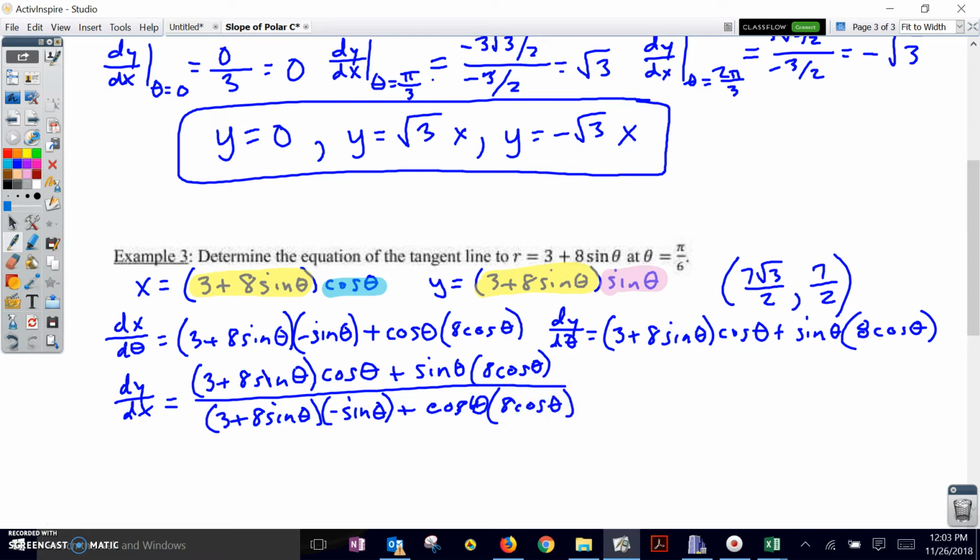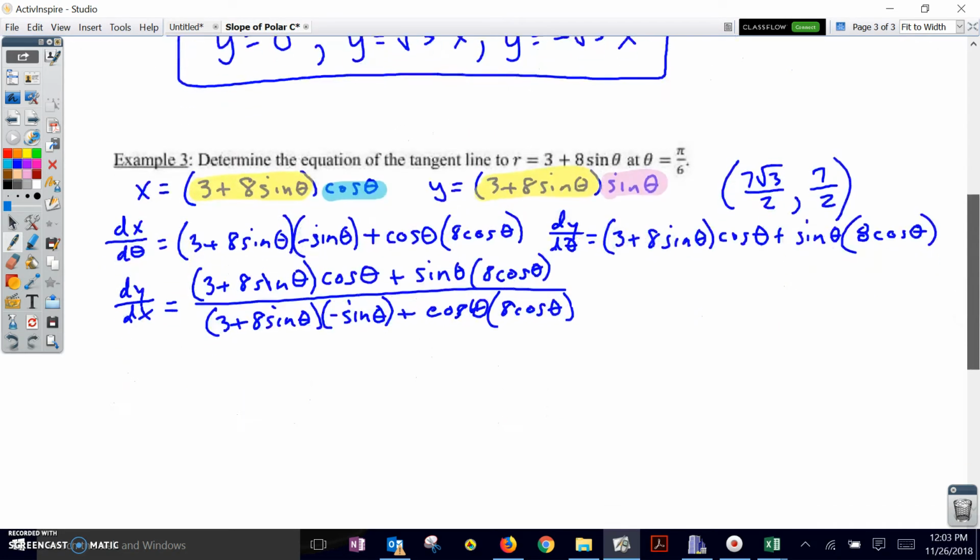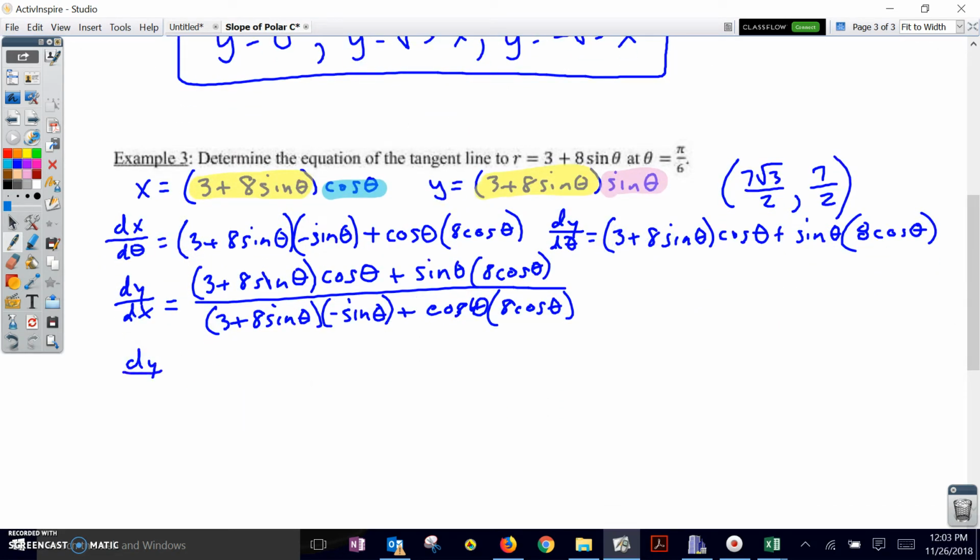And then I just need the value of that at theta equals pi over 6. And let's see, that's going to be 7 root 3 over 2 plus, sine of theta is 1/2, and 8 cosine of theta is 4 root 3.